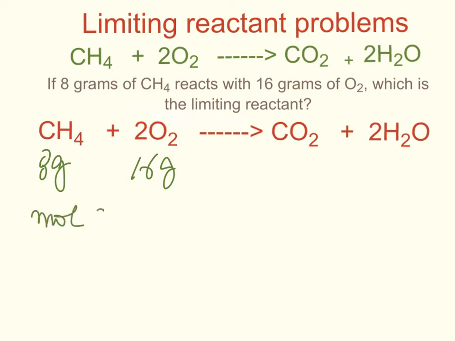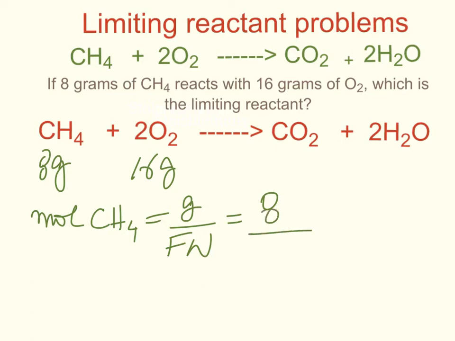Moles of CH4 would be equal to grams over formula weight, which is equal to 8 grams over the formula weight. Now formula weight of CH4 would be 12 for carbon and 4 times 1, 4, for hydrogen. So 8 divided by 16 is 0.5 moles, right? Now this is the moles for CH4.